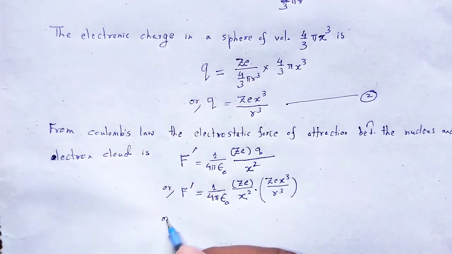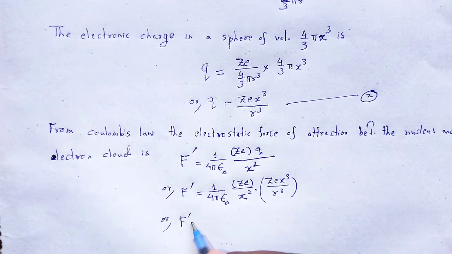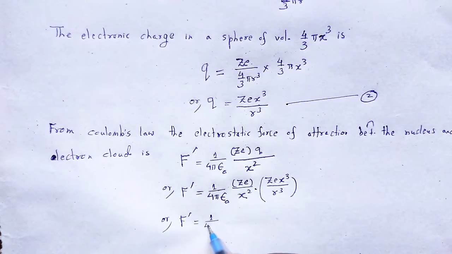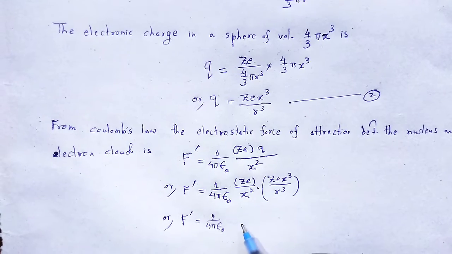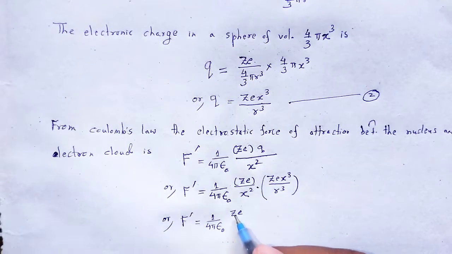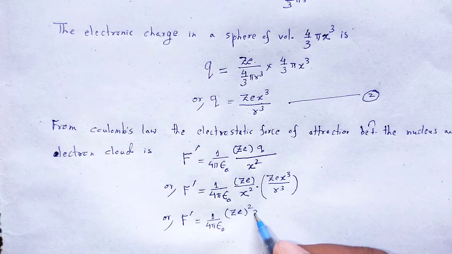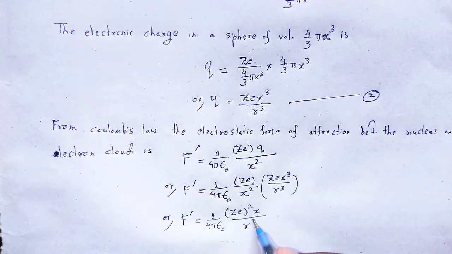On cancellation, F dash is equal to 1 by 4 pi epsilon naught, Ze square x divided by r cube.